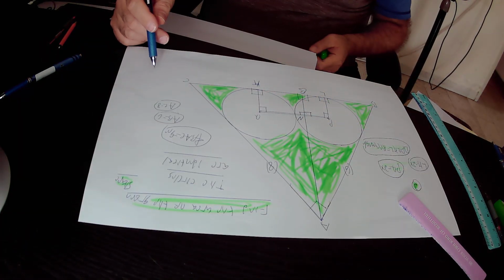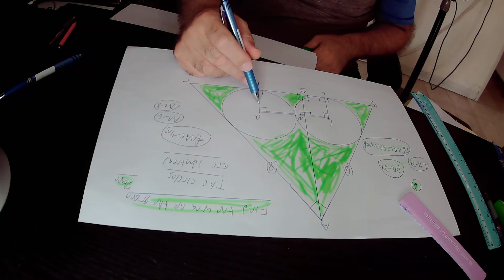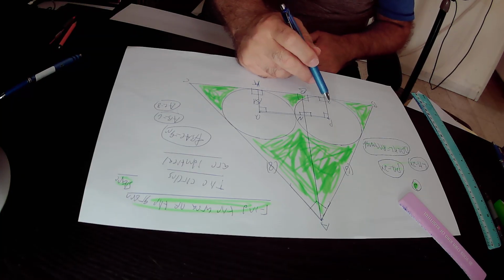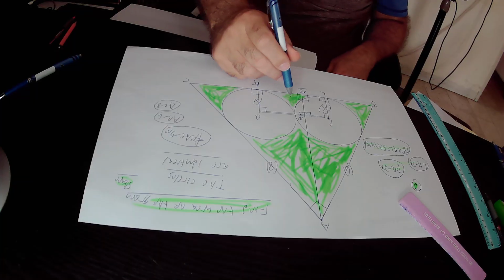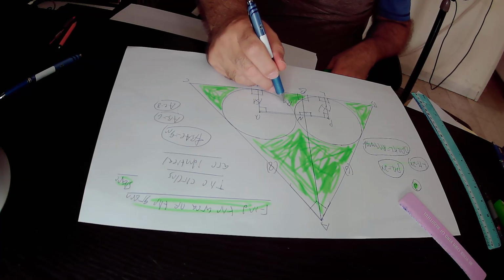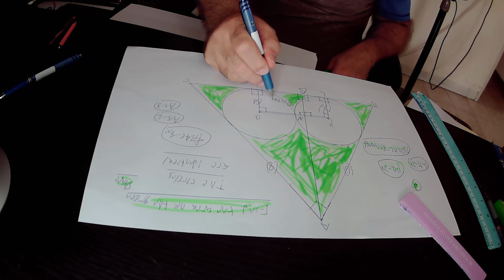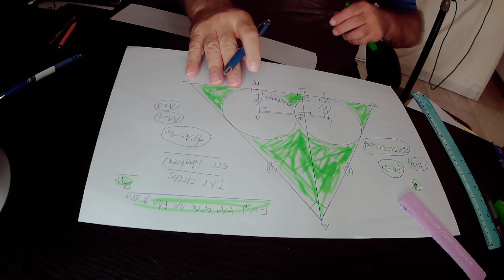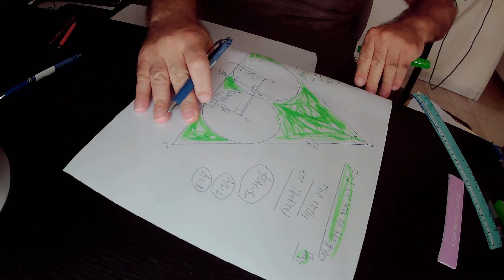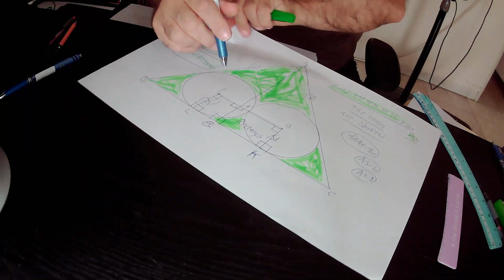QK is of course the radius of the circle that equals x. Likewise, PL is also the radius of this circle that equals x. So this is a rectangle, and this is also a rectangle.